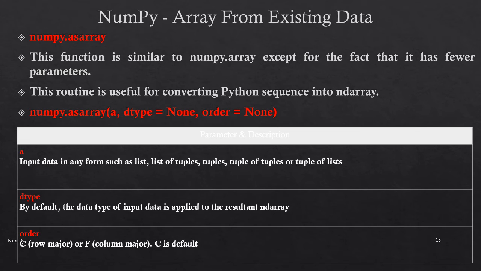And dtype: by default, the data type of the input data is applied to the resultant n-dimensional array. And order, as told earlier, C for row major and F for column major. By default, the order is C. The second and third parameters are optional. So the asarray method is used to create an n-dimensional array from existing data.